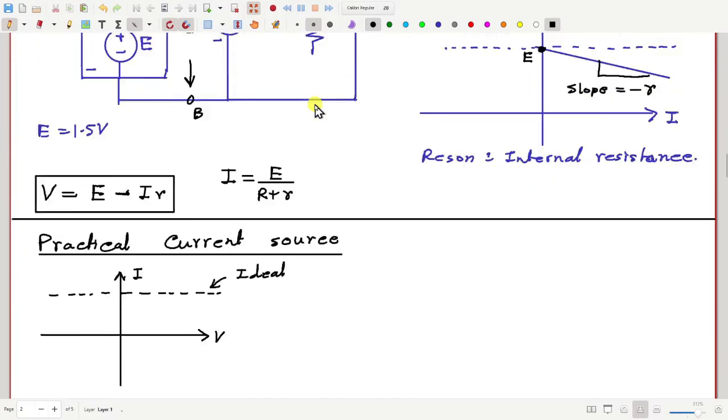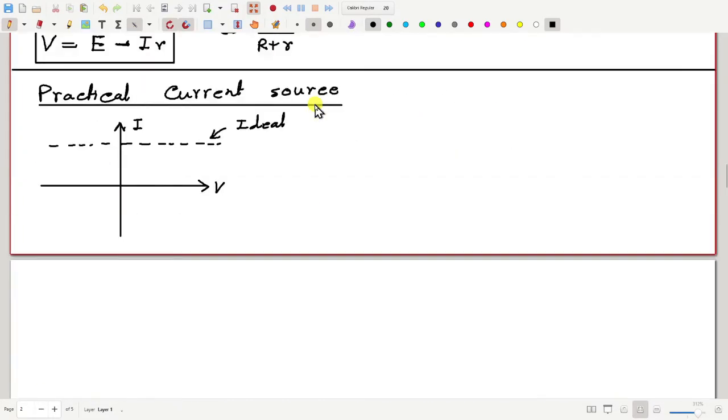But if we get a practical, actual current source, let me draw that as a box, this is a practical current source.